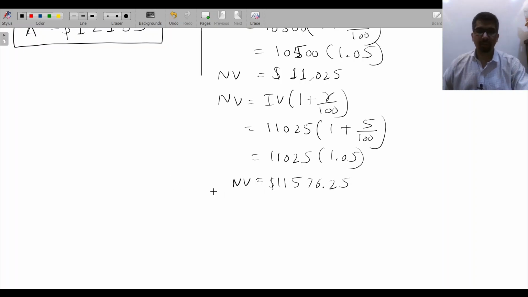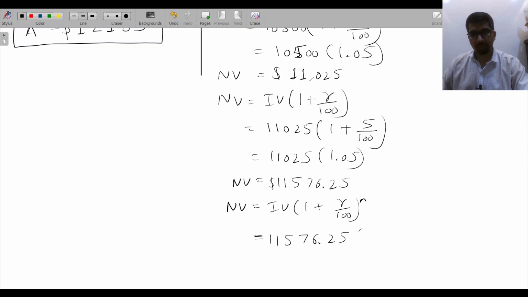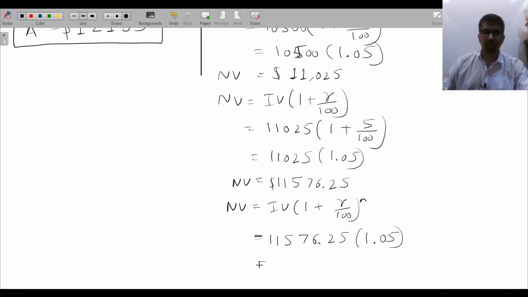In the fourth year, this becomes the principal. The initial value is 11,576.25, and I'll do it directly this time. I hope you are getting the concept, because this value will multiply with the new value all the time.